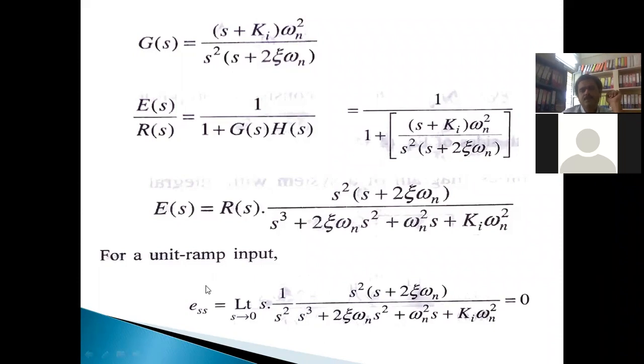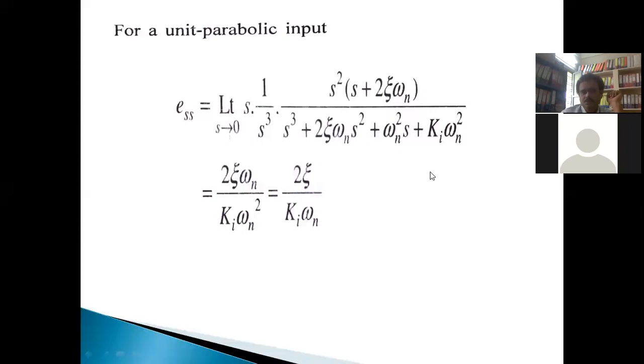Okay, next. So for a parabolic input, if we change the input, so again, here 2 zeta by ki into omega n. Here the ki is nothing but integral constant.